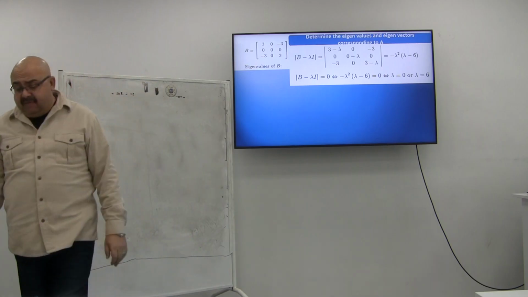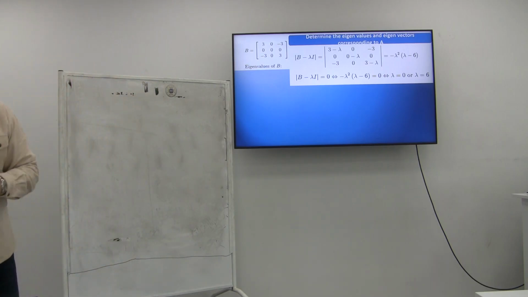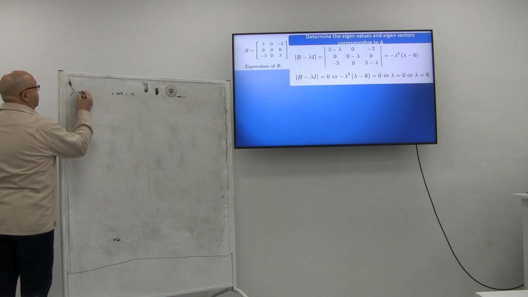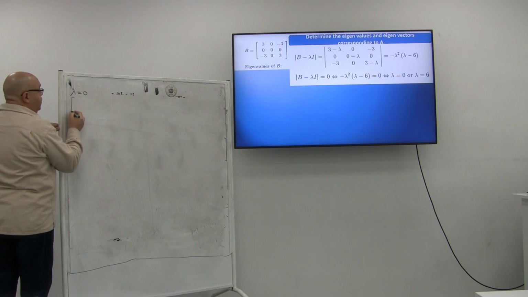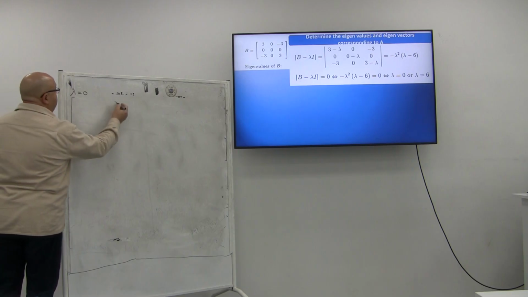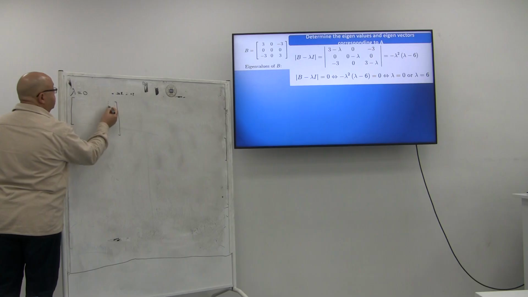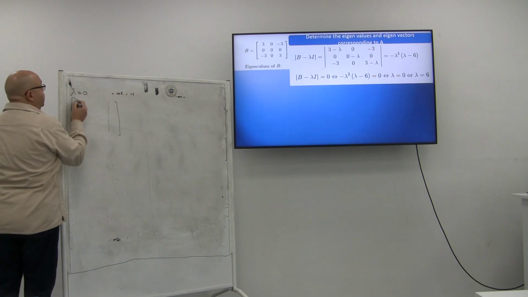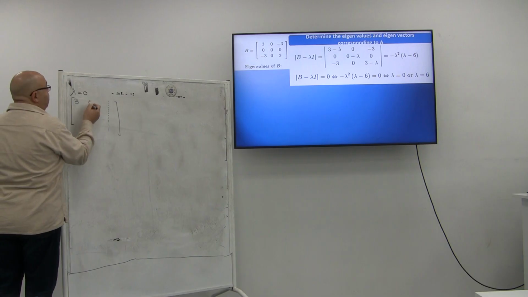Okay, now I have the first value, which is lambda equal to 0. Please do substitute in the augmented matrix directly. Adam, are you with me? Yes. Start substituting. 3 minus 0 is going to be 3. Then I will have 0.